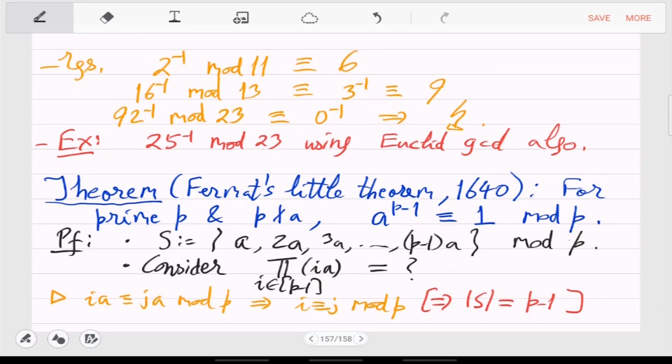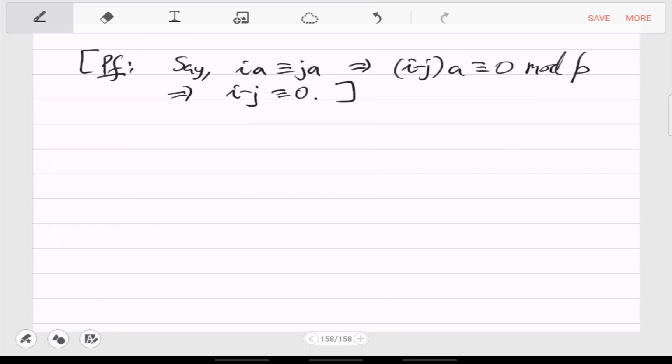So with that observation, what do you learn about the set S? That it's exactly 1 to p minus 1, which is basically Z slash p minus 0. So S is everything in Z slash p except 0, of course. Is that clear?